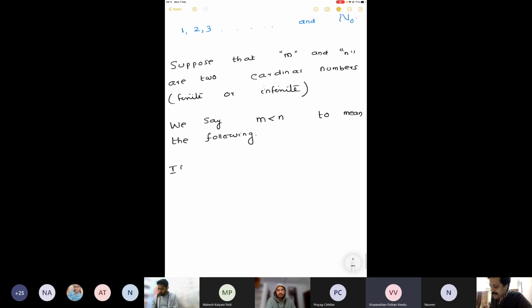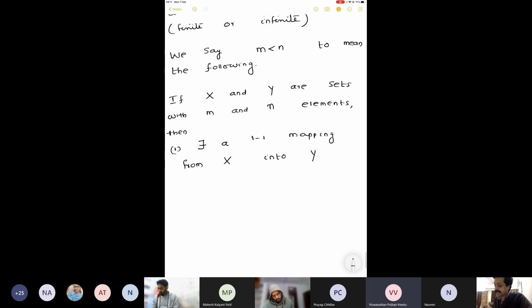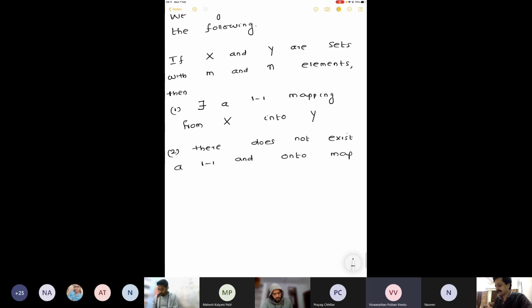If X and Y are sets with m and n elements, where m and n need not be finite, that is, cardinality m and n, then we say m less than n if there exists a 1-1 mapping from X into Y, and there does not exist a 1-1 and onto map from X to Y. These are all very clear if you consider the finite case.